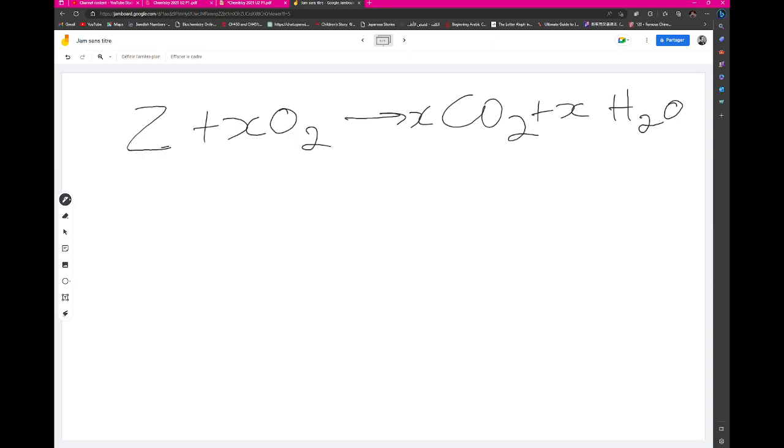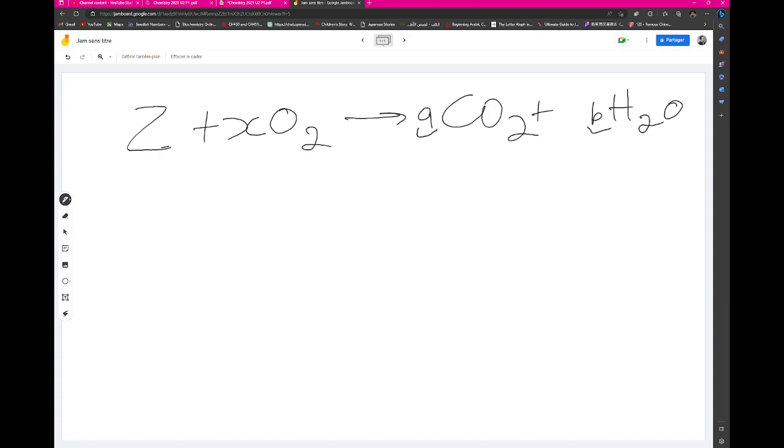Let's call these, I don't want to call everything X, and we can't call that Z either. Let's call this A and let's call this B.